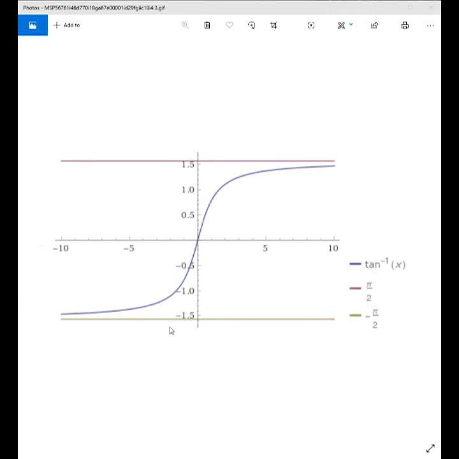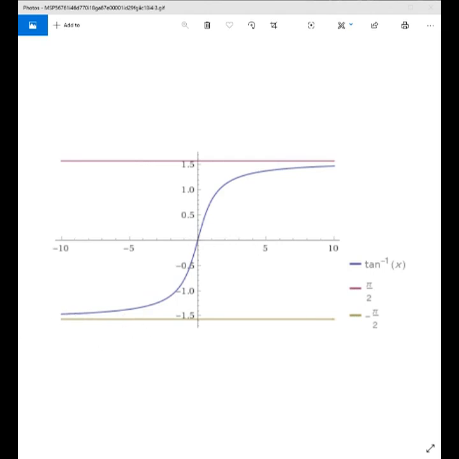The other is negative pi over 2, which means that as x, the argument, approaches infinity, the inverse tangent will approach pi over 2. But as your argument approaches negative infinity, your function will converge to negative pi over 2. It'll approach negative pi over 2 as its asymptote.